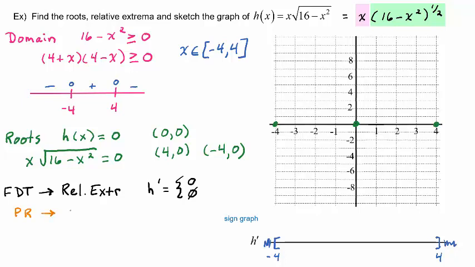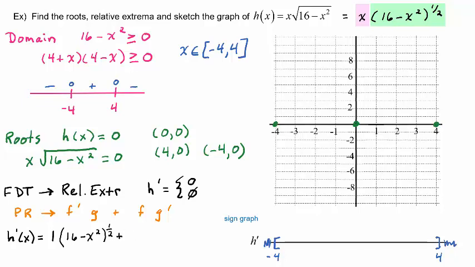So we know that's going to be f prime g plus f g prime. So h prime of x is going to equal f prime, which is 1, times g, 16 minus x squared to the 1/2. Bring down this plus sign.